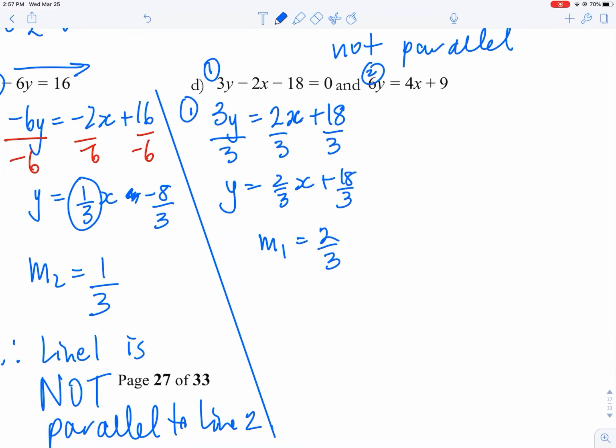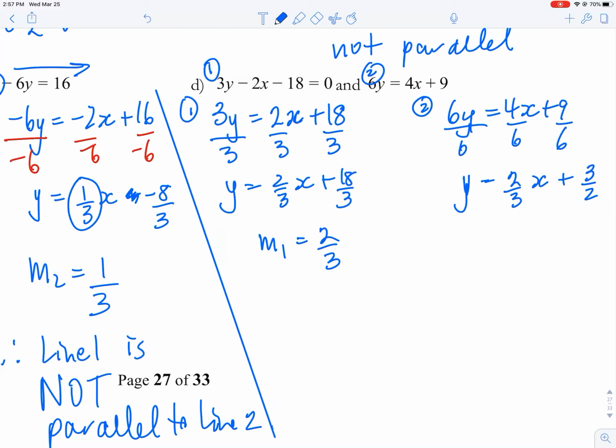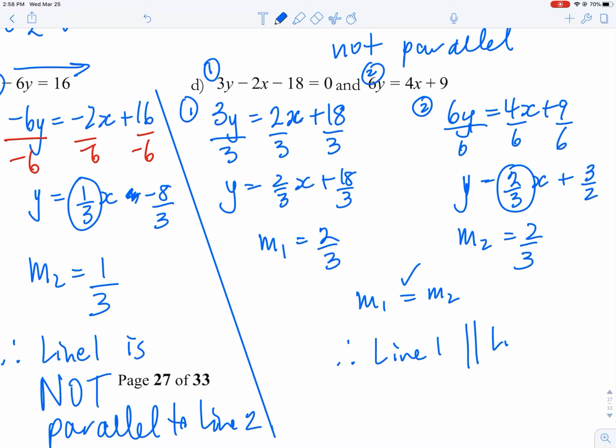For the second one, 6y equals 4x plus 9. Divide by 6. y equals 2/3 x plus 3 over 2. That's the part we care about. So we get that m2 equals 2/3. So in this case, m1 does equal m2. Therefore, line 1 is parallel to line 2.